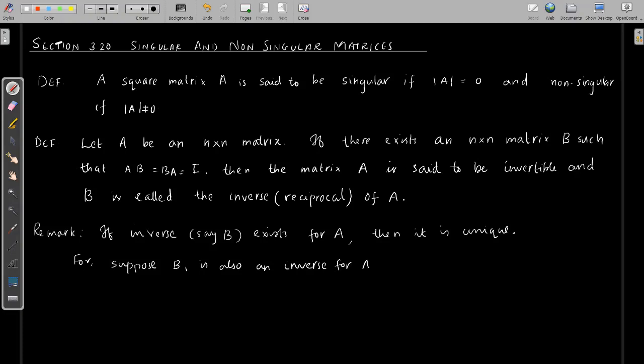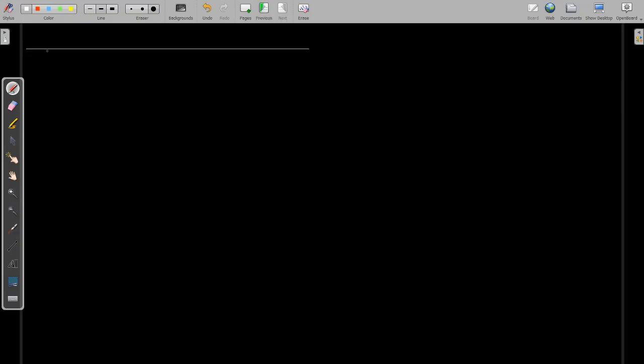Then we know that AB is equal to BA is equal to I and AB1 is equal to B1A is equal to I. Now we can prove B1 is same as B because B1 is equal to IB1. This I can be replaced by BA, so BA B1, that is equal to B into AB1, that is equal to B times I, that is B itself. So that means if there exist two inverses, then they are equal. That means there is only one inverse for every square matrix A.